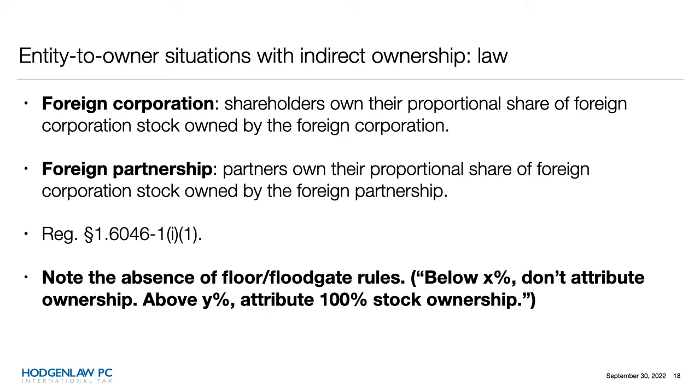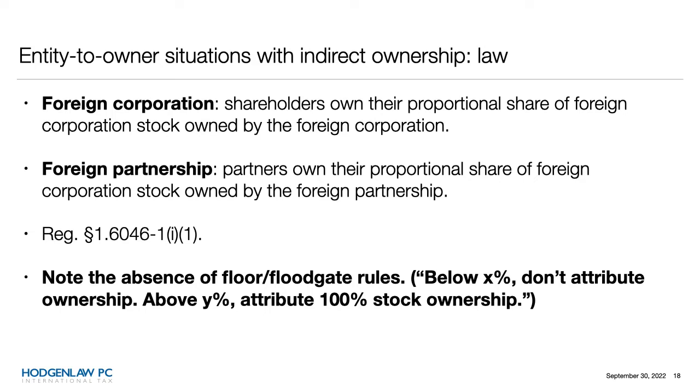So for Section 6046, the acquisition and disposition for Category 2 and 3, we don't have those floor and floodgate rules. It's strictly a proportionate calculation. The other interesting thing about Categories 2 and 3 as compared to Categories 4 and 5 and 1 are that the attribution rules make indirect stock ownership only for two types of entities: foreign corporations and foreign partnerships.